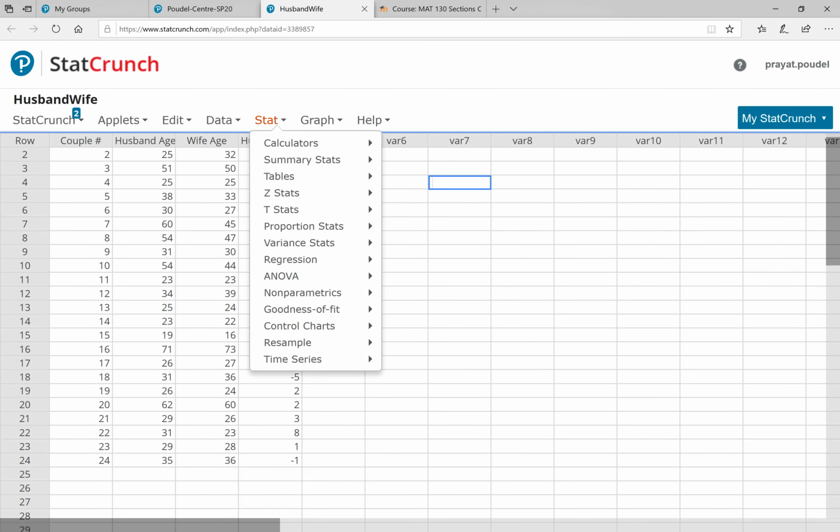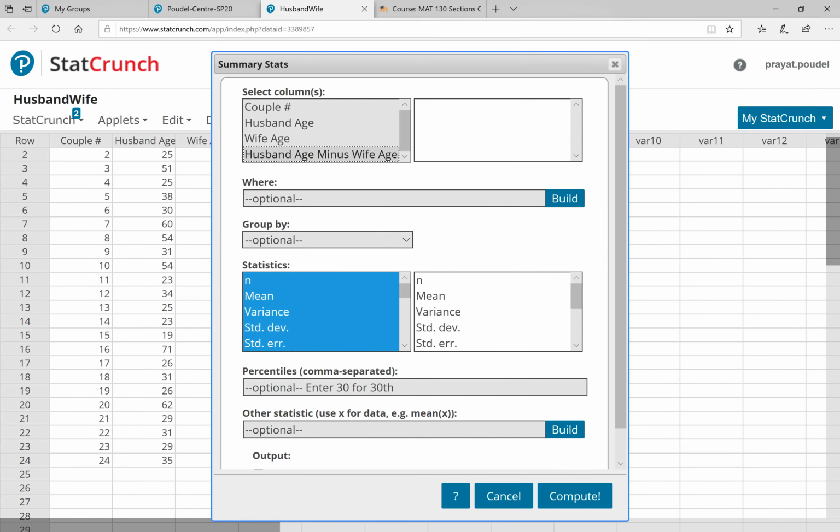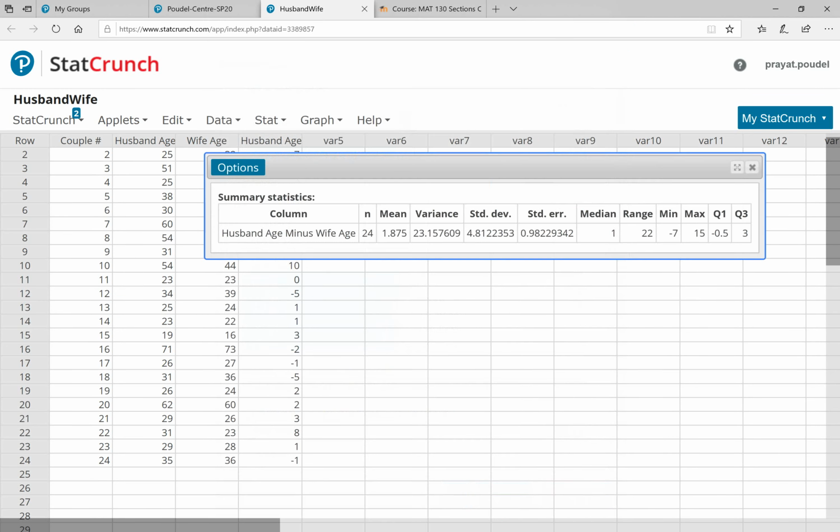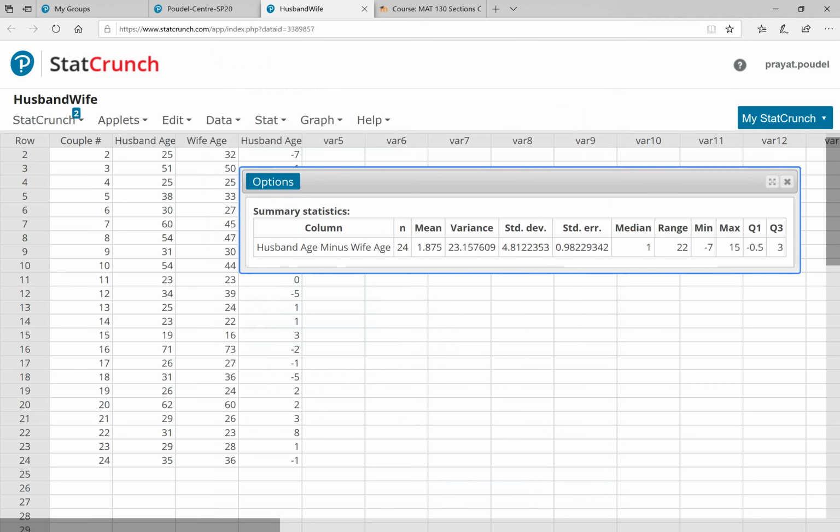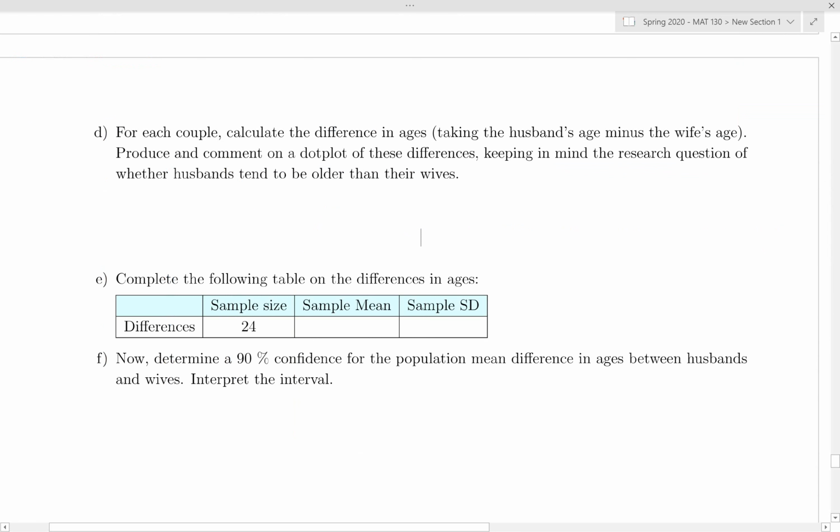Well, we already have that, so we're going to go summary stats by columns, and we're going to ask StatCrunch to give us all the summary stats, but really the two values we're primarily interested in are the sample mean of the difference and the sample standard deviation. So the sample mean is going to be 1.875, and the standard deviation is 4.812. All right, so that's what we're going to put ahead.